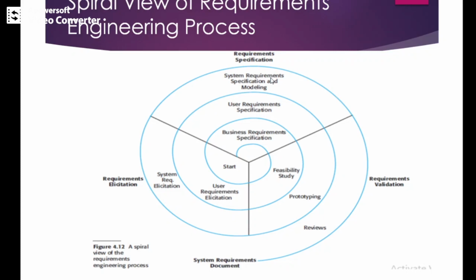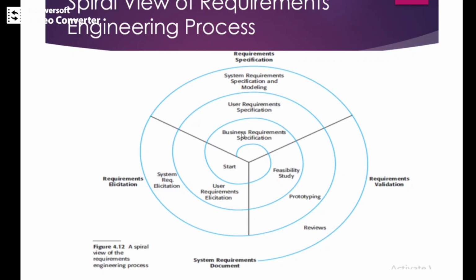The number of iterations around the spiral can vary. The spiral can be exited after some or all of the user requirements have been elicited. So finally you get the requirements document.